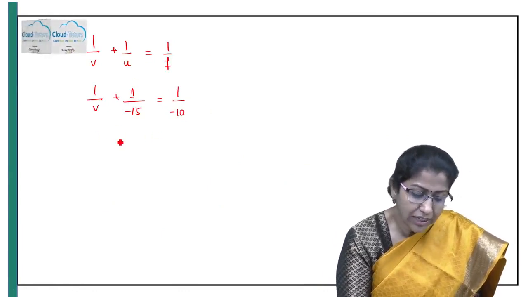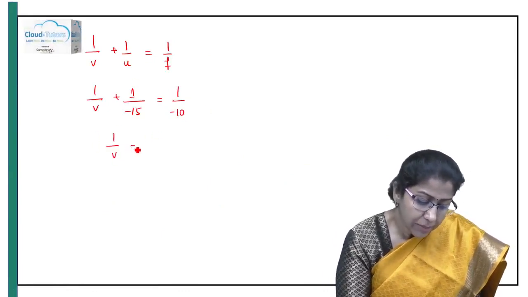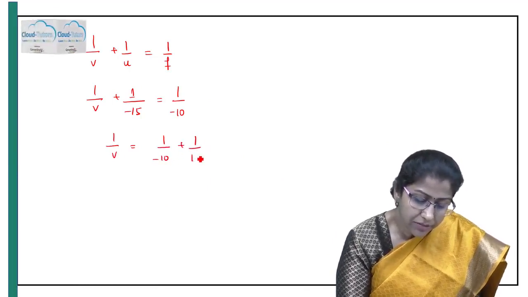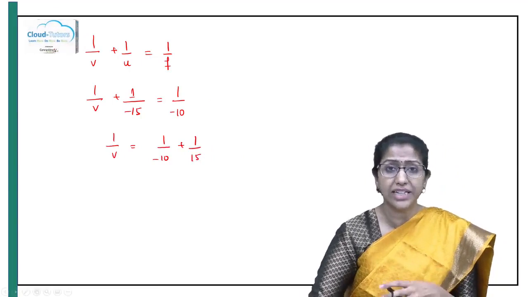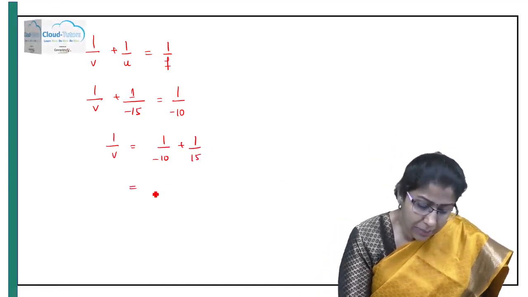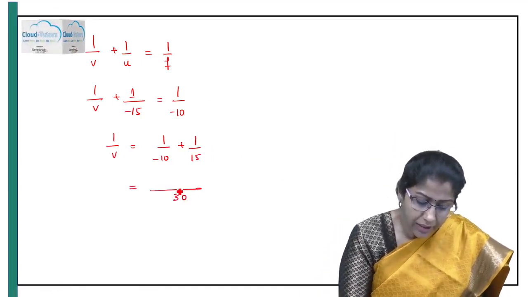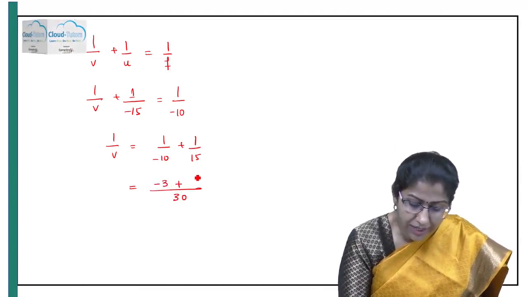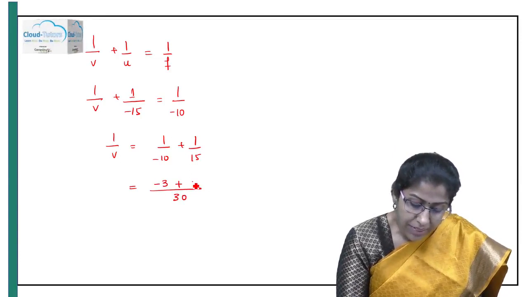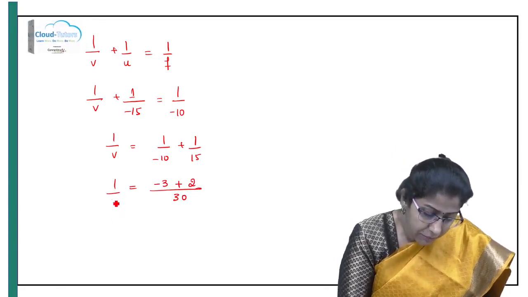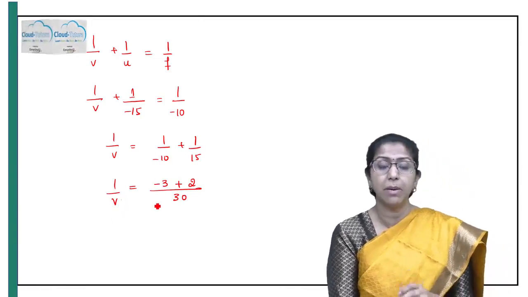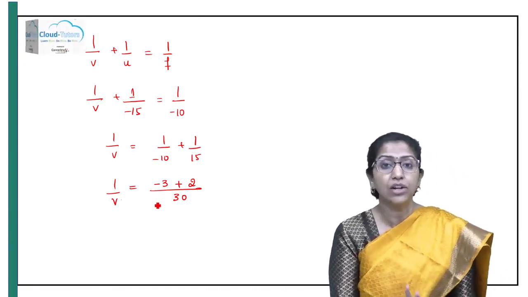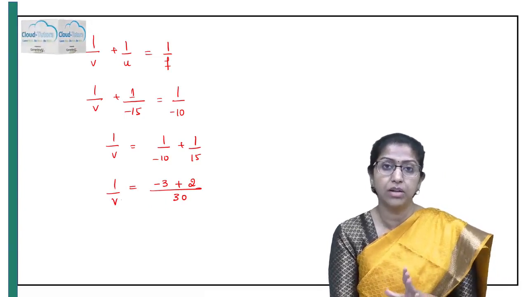So when we calculate this, 1 by V is equal to 1 by negative 10 plus 1 by 15. So we take the LCM, and LCM will be 30, and here we'll have minus 3, and here we'll have plus 2, and 1 by V. Please always remember, the answer that you get here is always the reciprocal of the value that you intend to actually calculate.